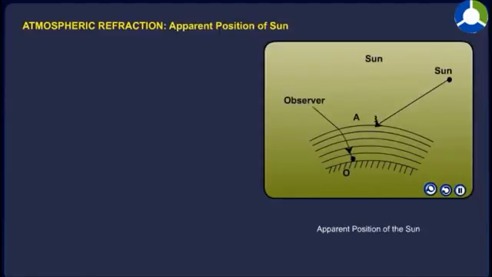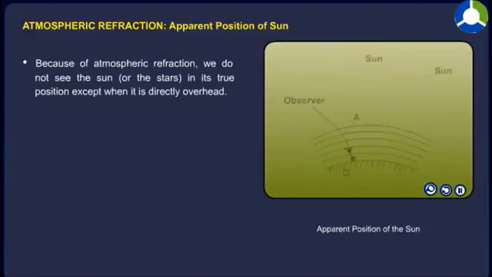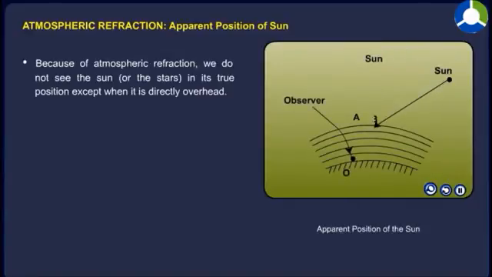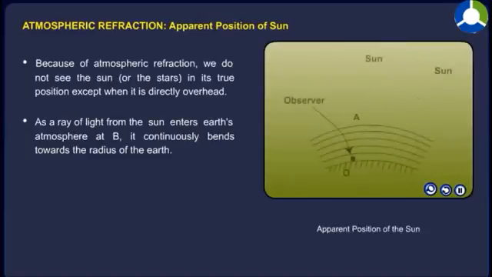Atmospheric refraction, apparent position of sun. Because of atmospheric refraction, we do not see the sun or the stars in their true position except when directly overhead. As a ray of light from the sun enters Earth's atmosphere at B, it continuously bends towards the radius of the Earth.